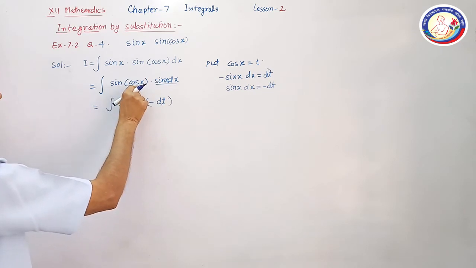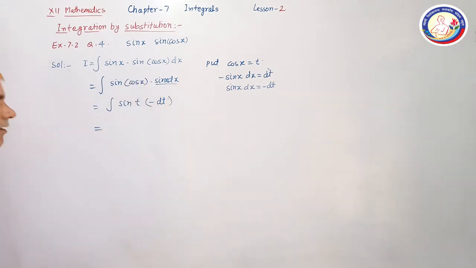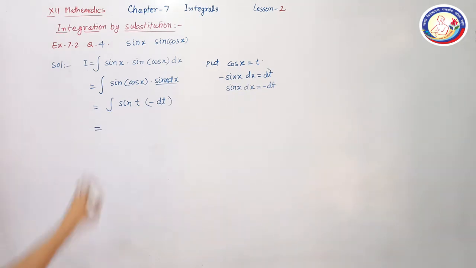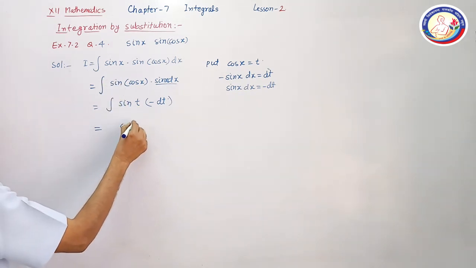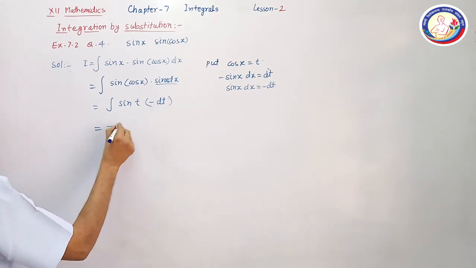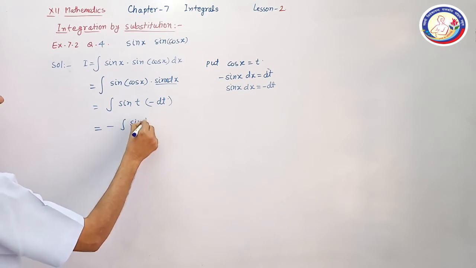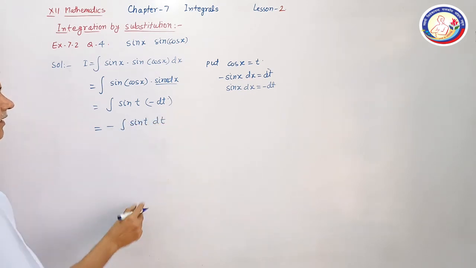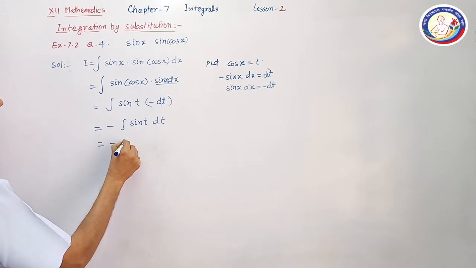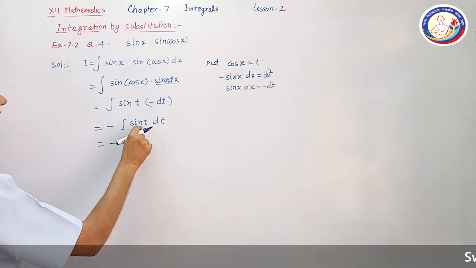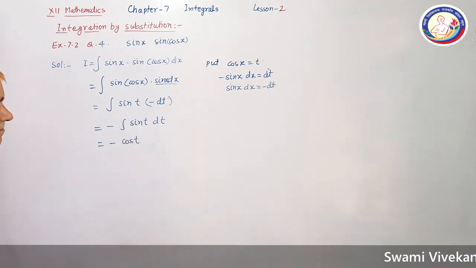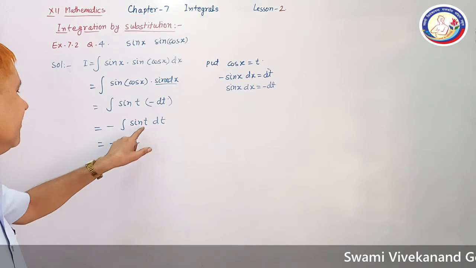And this is sin t. So we can write it once again as minus integral of sin t dt. Now integrate sin t with respect to t. We shall get minus cos t, because the differentiation of cos t is minus sin t.